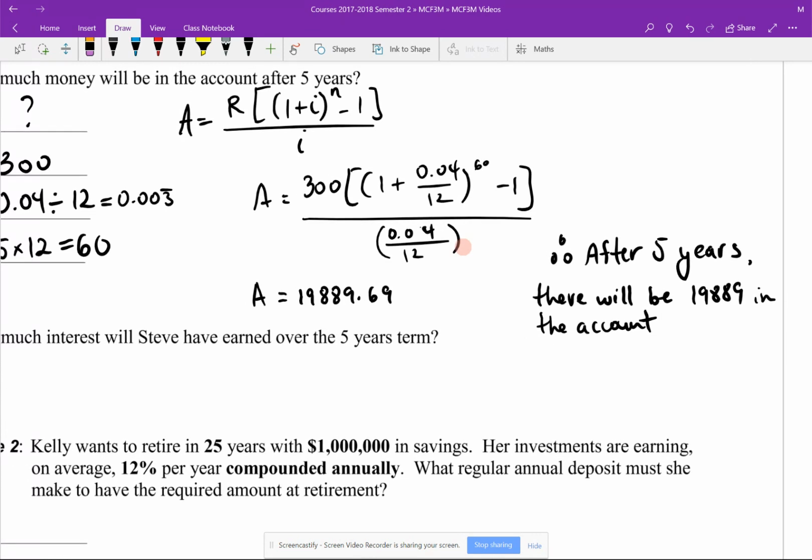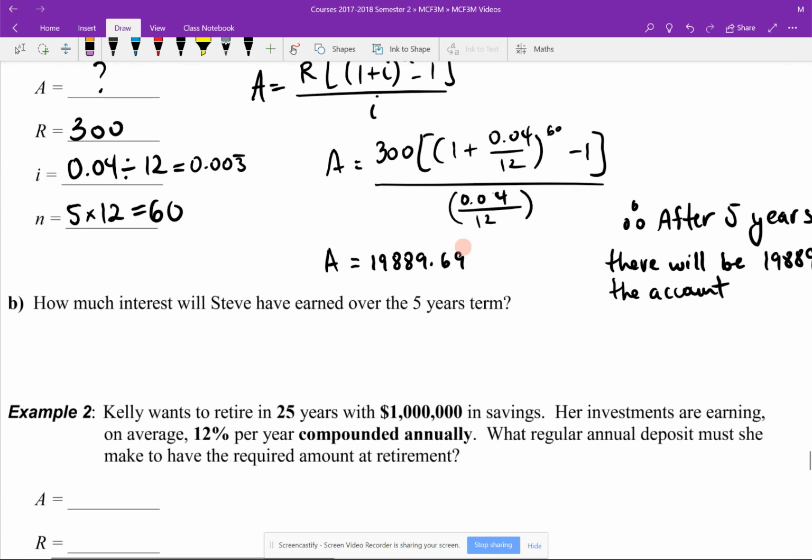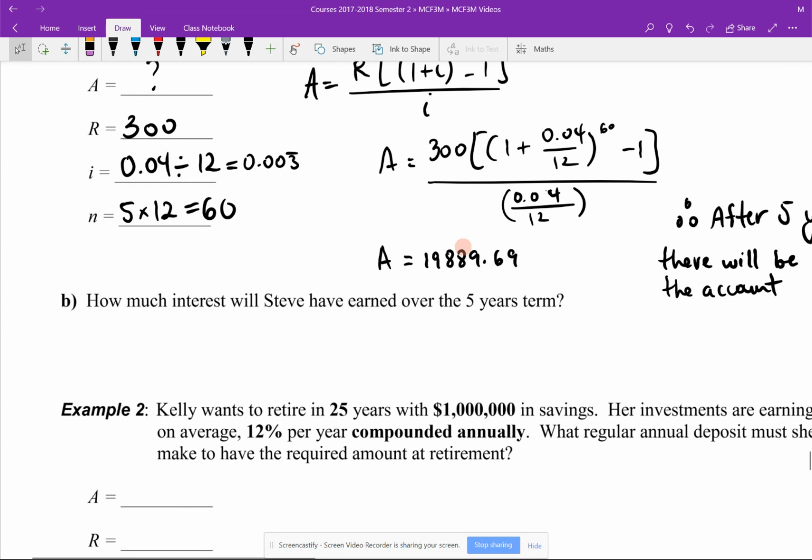Because most of that $19,000 was your deposits. So how many deposits did you make? Well, 60 deposits times $300 per deposit is, how much is that? $18,000, if I calculated that correctly. Yeah, $18,000.